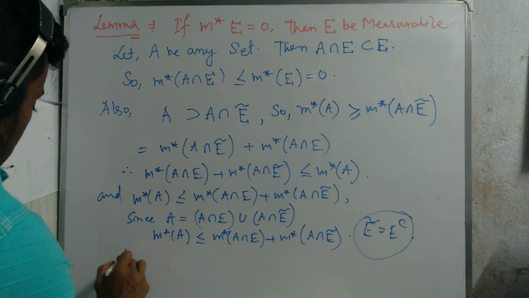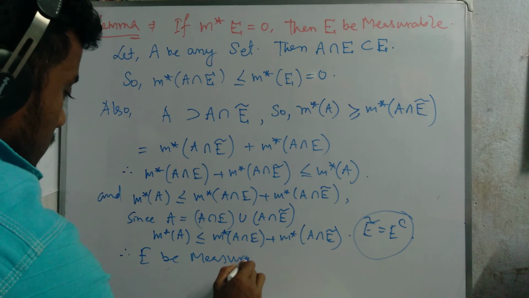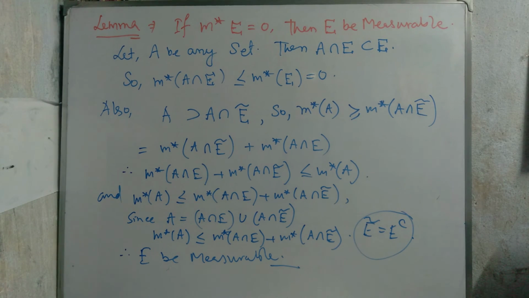So what we get? We get E is measurable. Then m star E equal to 0 implies that E is measurable. Also, let me erase that portion now and go on to another discussion.